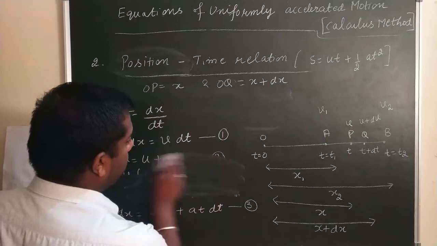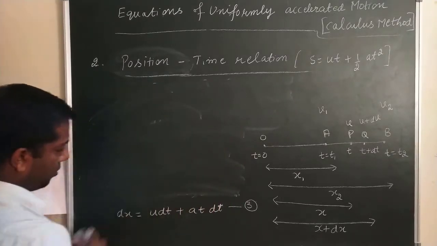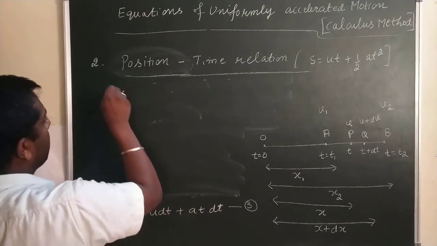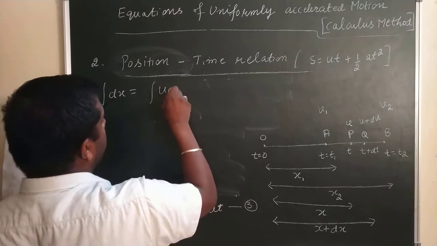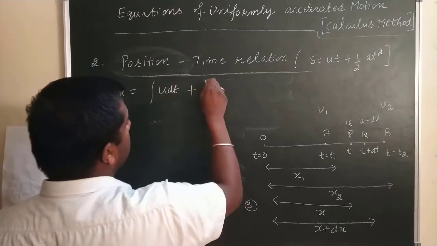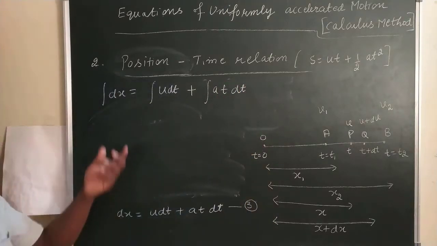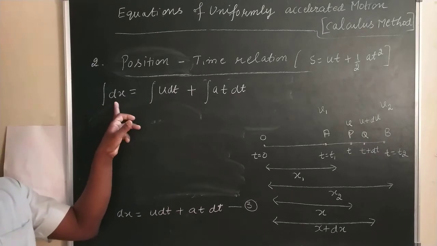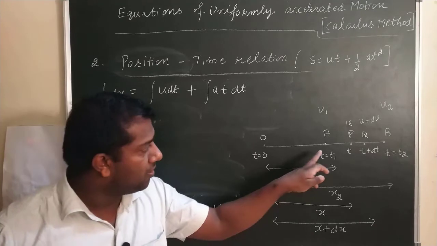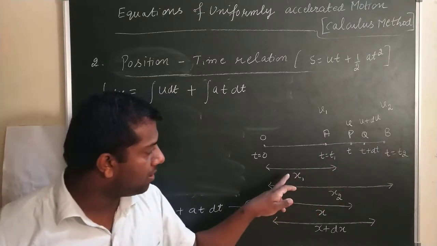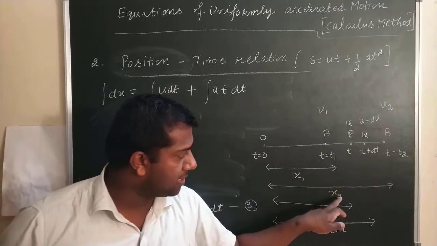So now the integration of dx is equal to the integration of u dt plus at dt. So from the left hand side it is clear that we are integrating with respect to x, and the limits for x from the point A to the point B are, for the point A x is x1 and for the point B x is x2.